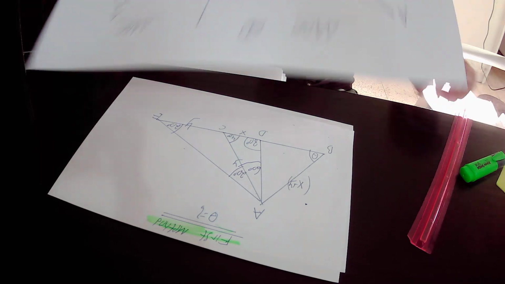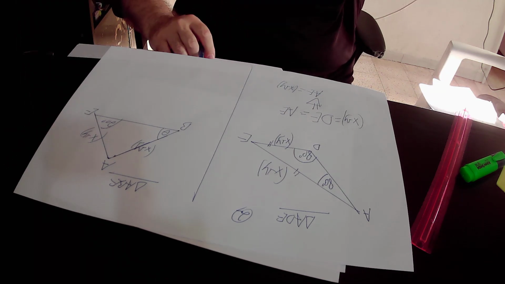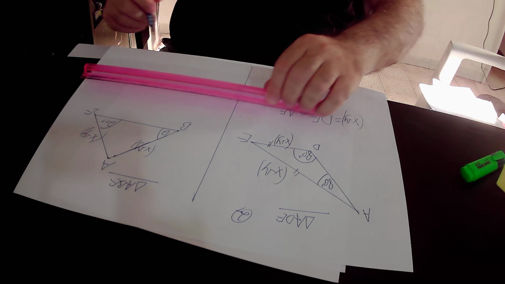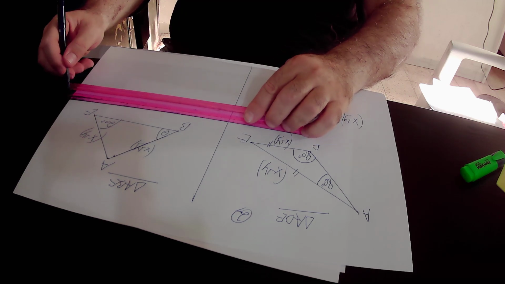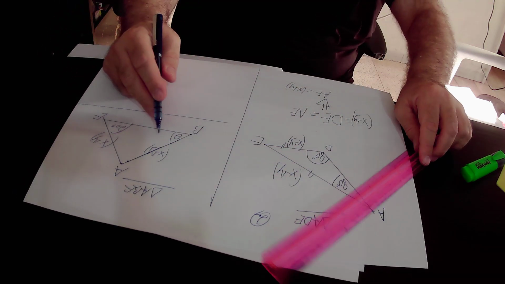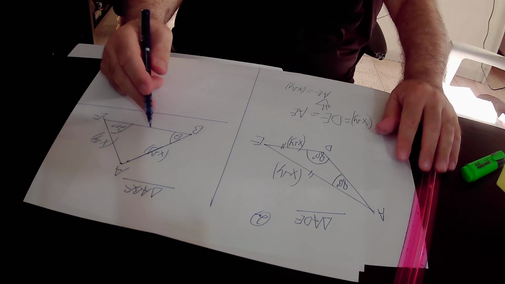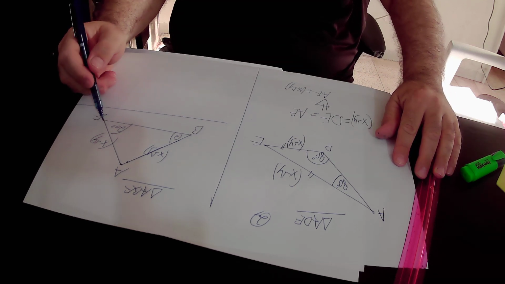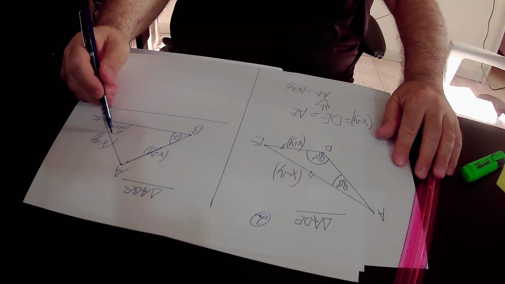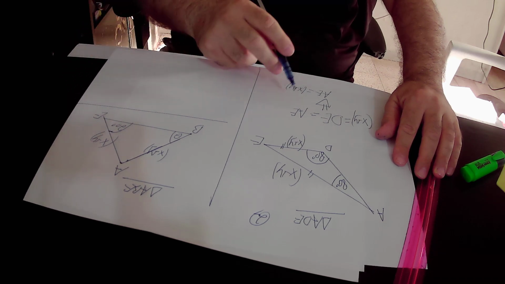So actually, this is triangle ABE that I copied from the original drawing. Side AB equals X plus Y according to what is given in the question, and side AE equals X plus Y according to what we have already found out.